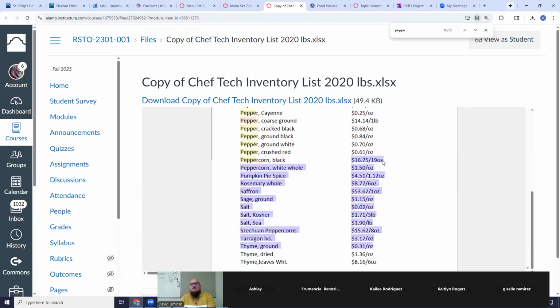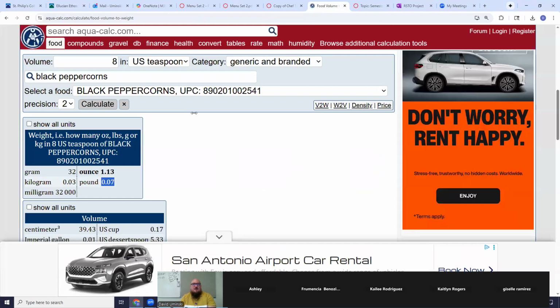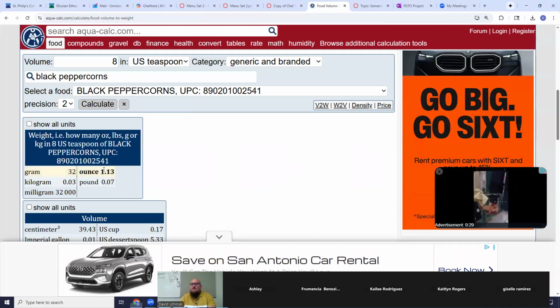Yeah, so in this case, our black peppercorns are 16.75 for 19 ounces. So since my unit is already in ounces, I would probably select the 1.13 ounce. So that way my units match.